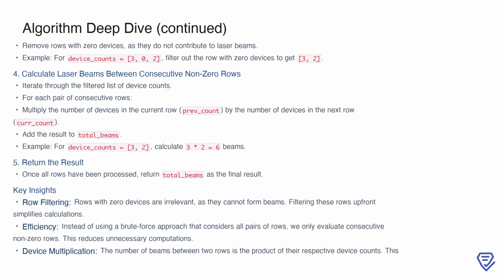For instance, with the filtered device_counts equals 3, 2, the calculation is 3*2 equals 6. This product represents the total number of beams formed between the first and second non-zero rows. After processing all consecutive pairs, we return the final value of total_beams as the result.